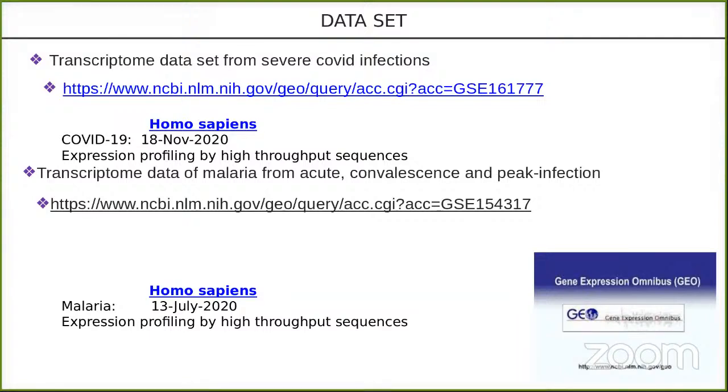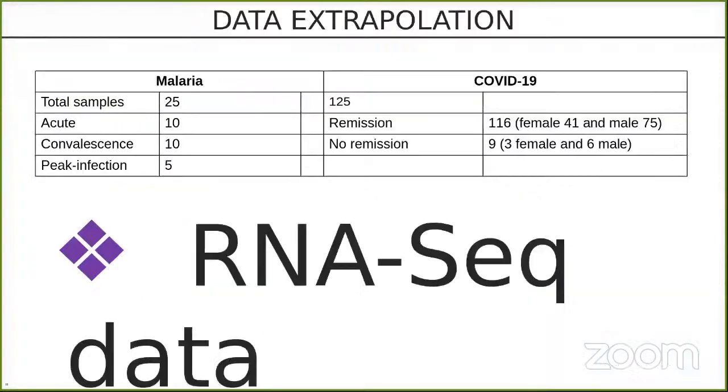For this, we select the acute, the convalescent, and also the peak of the infections. Just to show you what is in this data: for the malaria data, we have a total of 25 samples. There are 10 for the acute infection, 10 for the convalescent stage, and 5 for the peak infection stage.